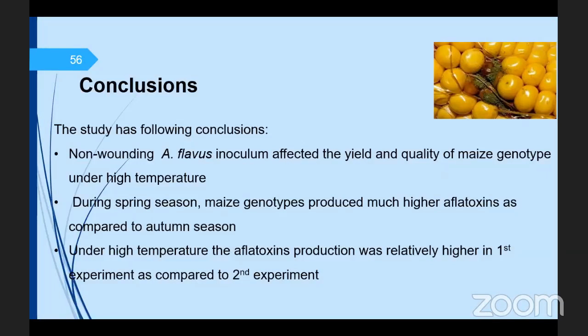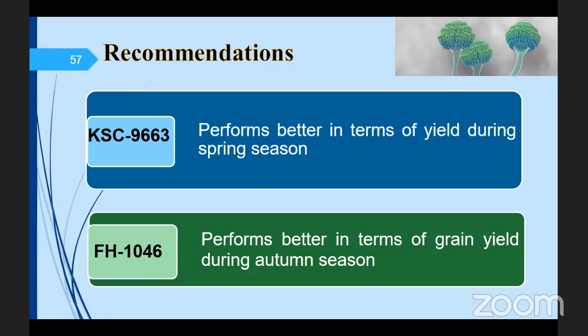Conclusion: non-wounding Aspergillus flavus inoculum affected the yield and quality of maize genotypes under high temperature. During the spring season, maize genotypes produced much higher aflatoxin as compared to the autumn season. Under high temperature, the aflatoxin production was relatively higher in the first experiment as compared to the second experiment.